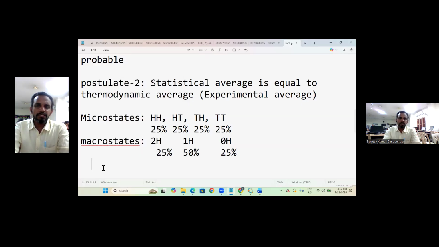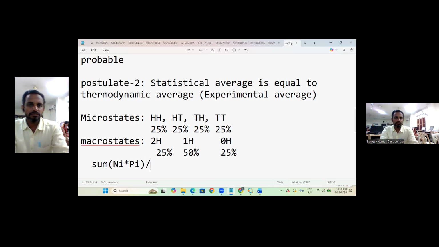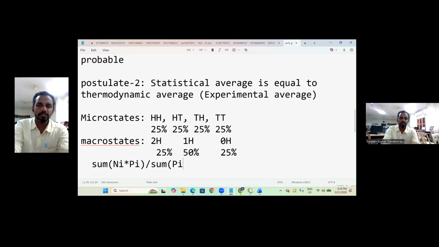So I have to multiply the probability with the number of outcomes: Ni star pi, the sum of total Ni star pi divided by the sum over pi.